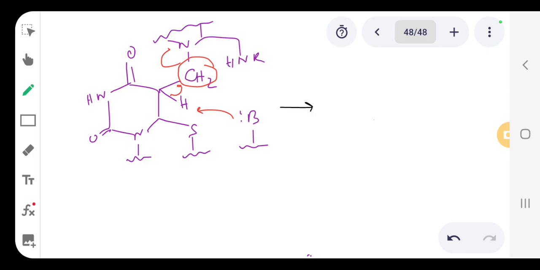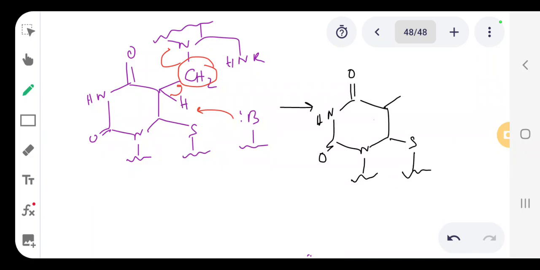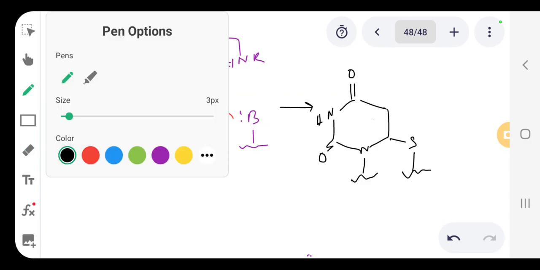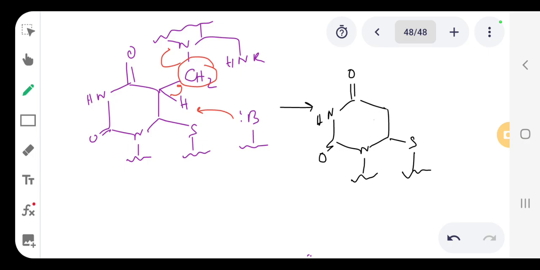Now what will happen? Eventually the coenzyme part will go, and here will be the double bond O, N, and here will be the S. This double bond CH2 I will show in a different color, maybe that will help us remember that this CH2 comes from the coenzyme.